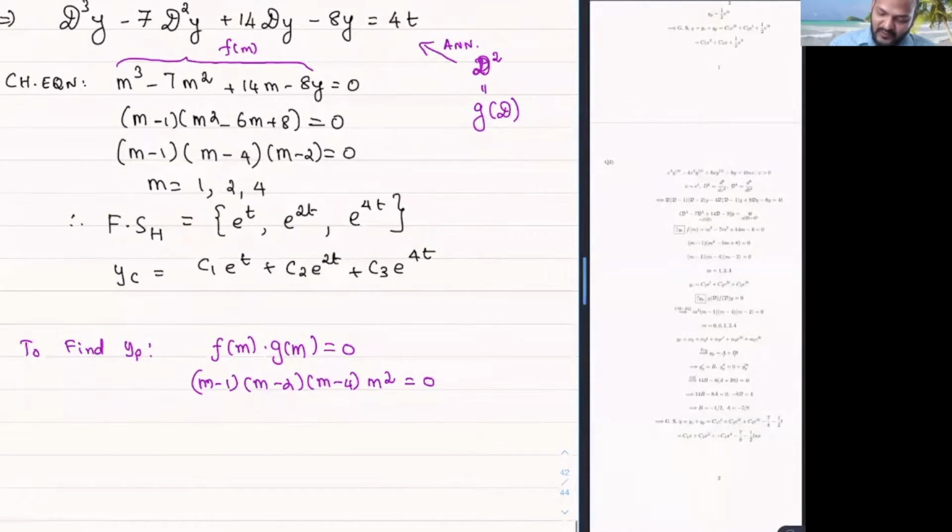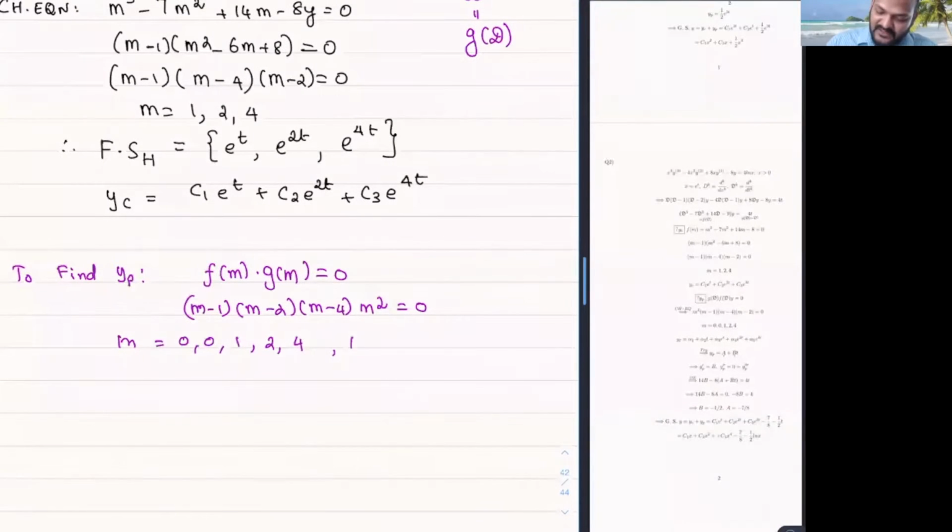And therefore the solutions to these are m equals 0 repeating twice, 1, 2, 4, and therefore f as nh would be... I don't think I have enough space there, so let me write it down below.